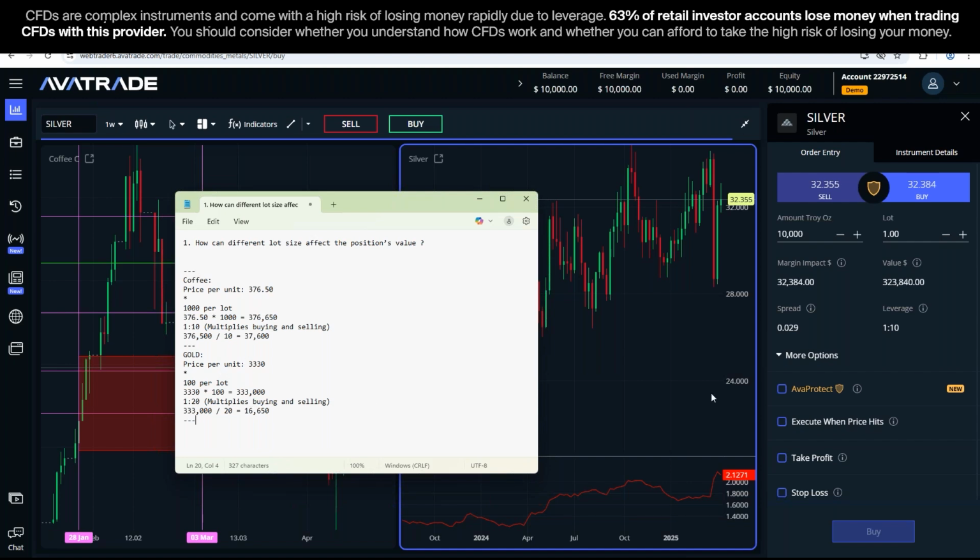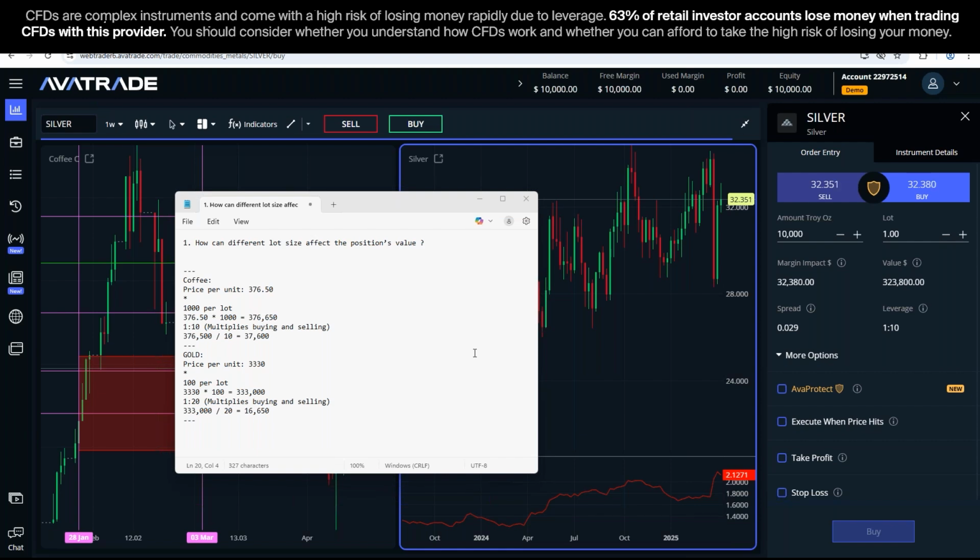Keep in mind that now the leverage is back to 1 to 10. And that means that if I wish to check the margin impact, and I will explain exactly what that means, now the value needs to be divided by 10 and not 20, which we saw with gold. From that we can learn that the leverage can vary between different instruments, same as the lot size.